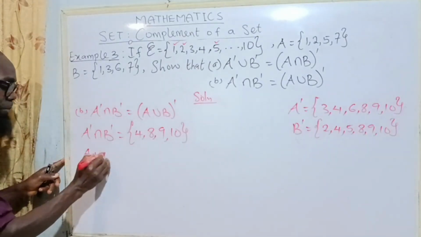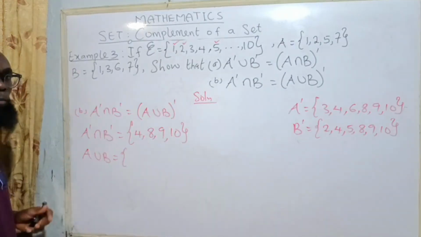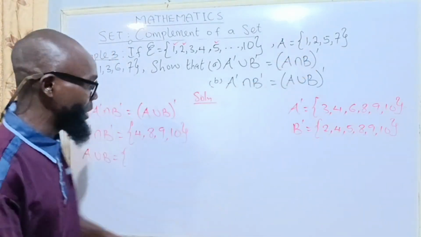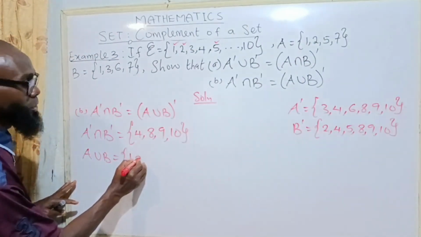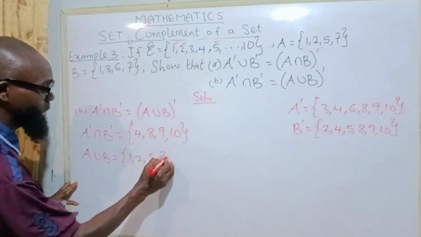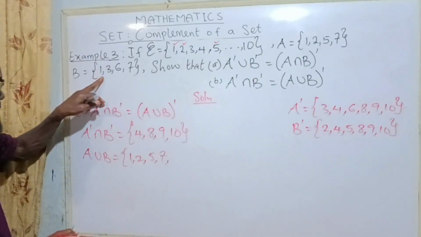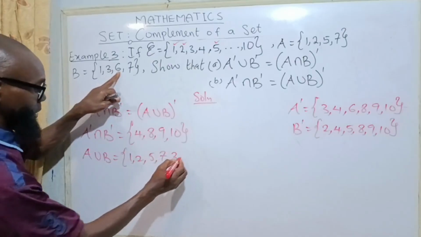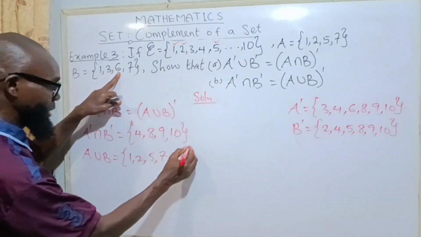A union B. Union means everything in A and everything in B. So everything in A we have 1, 2, 5, 7, and everything in B: 1 is already written, then we write 3, 6, and 7 is already written.